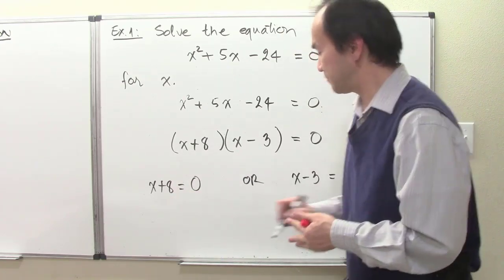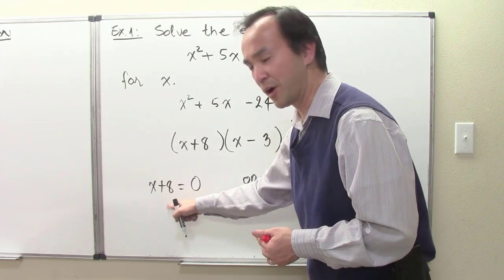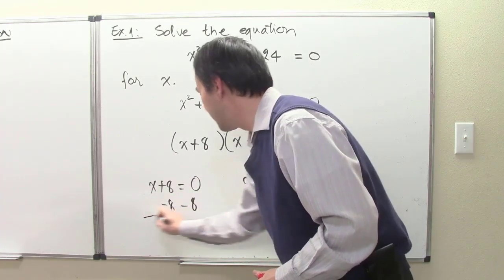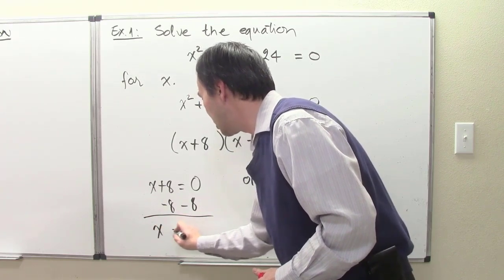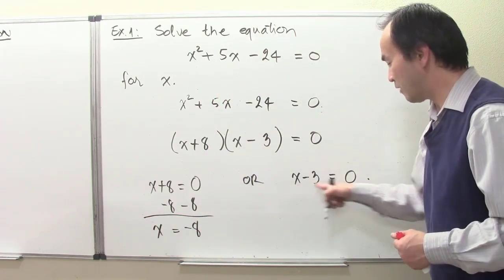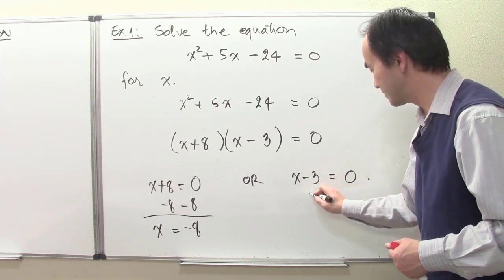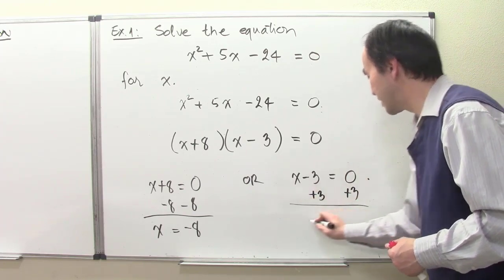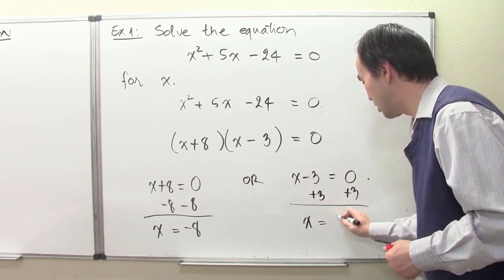Proceeding with this little equation, I'm subtracting 8 from both sides, producing x equals minus 8. Advancing to the other equation, I simply add 3 to both sides, making it x equals 3.